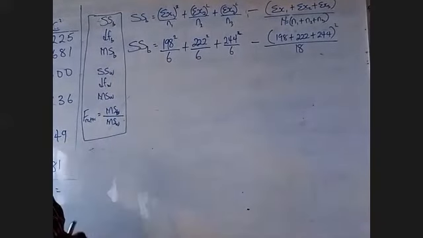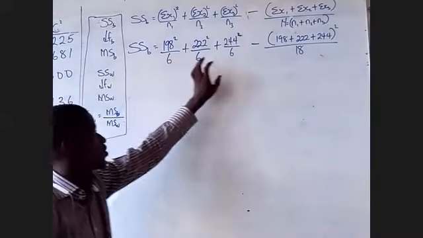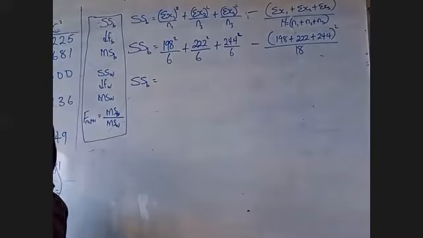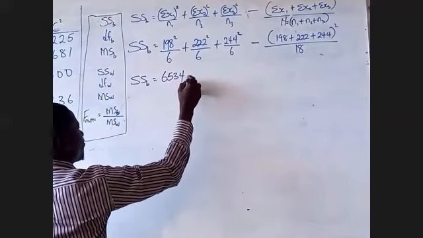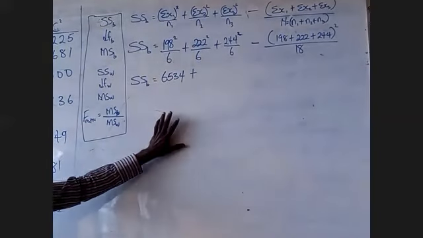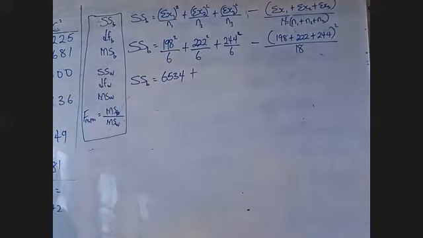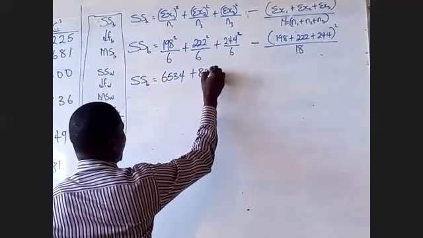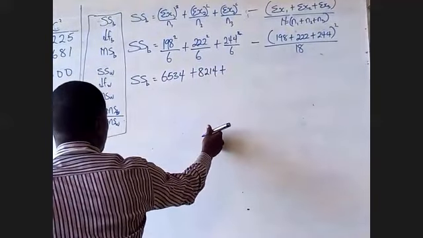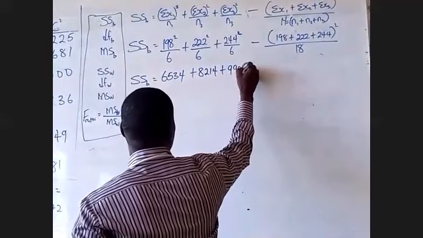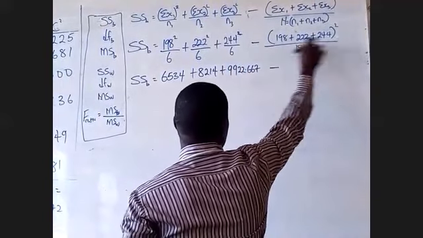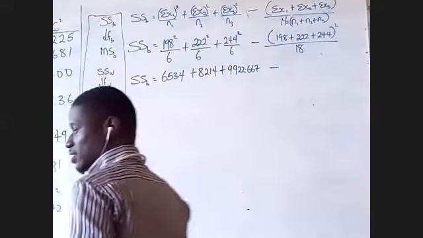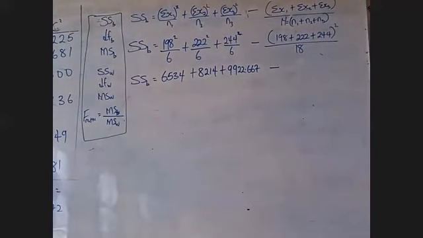All right, so since we are solving step by step, let's solve this. Our SSB will be equal to 198 squared divided by 6, plus 222 squared divided by 6, plus 244 squared divided by 6, minus 198 plus 222 plus 244, then square it and divide it by 18.